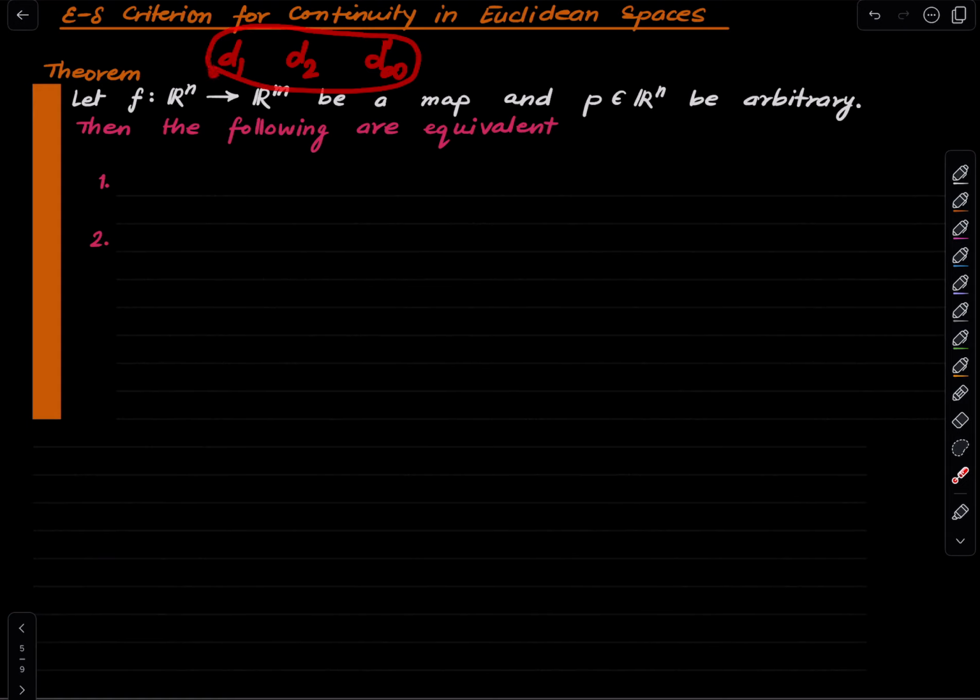The collection of all the balls with respect to either of them forms a basis on the given Euclidean space, and the topology generated by them happens to be the same. That is what we showed.